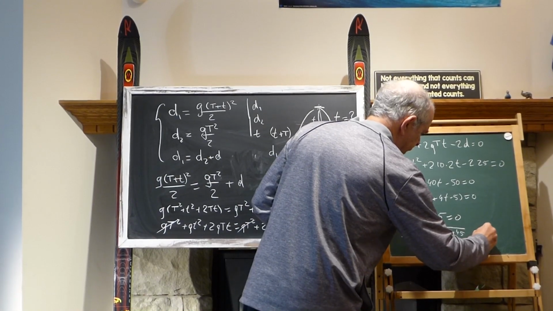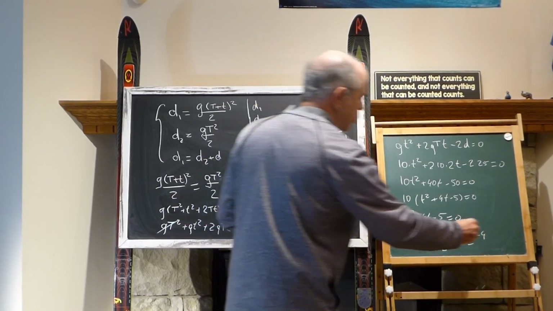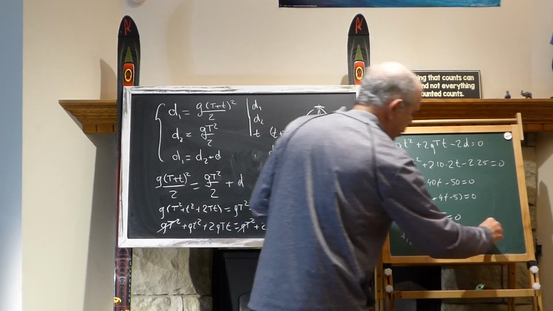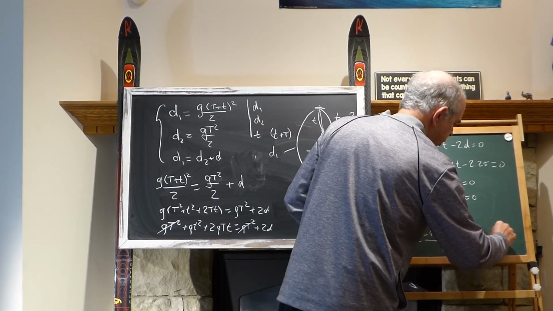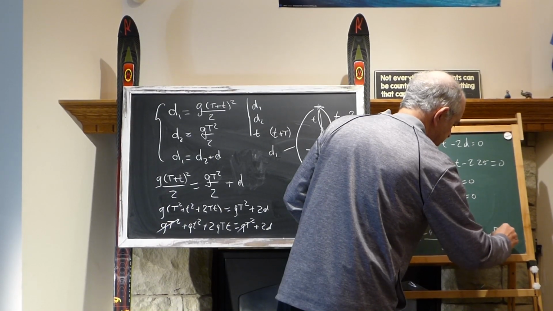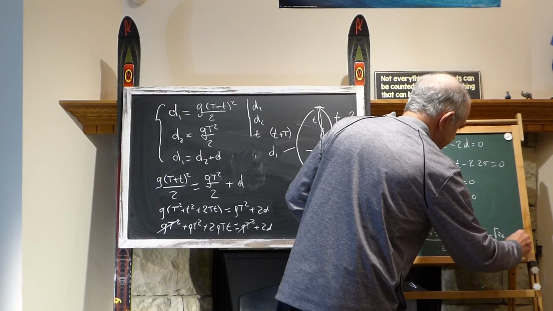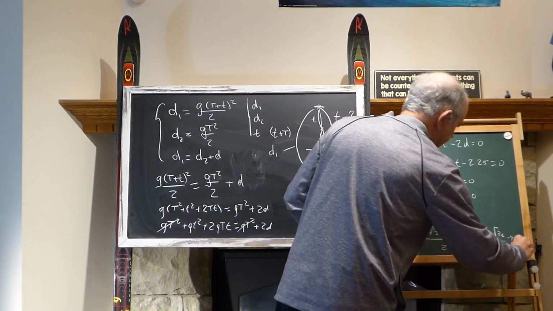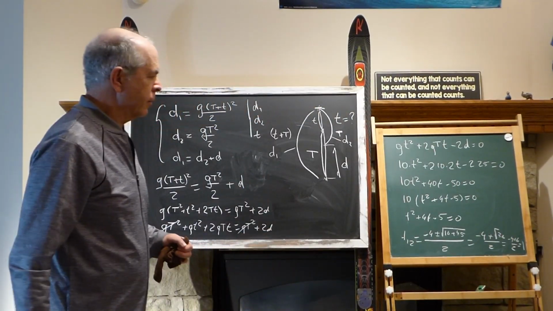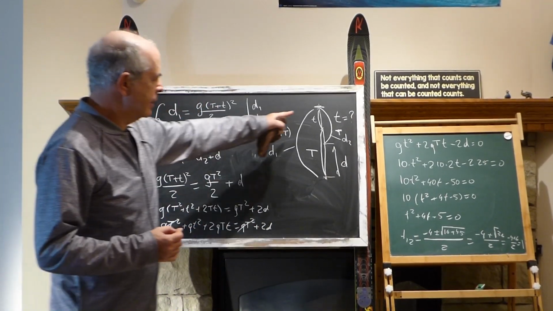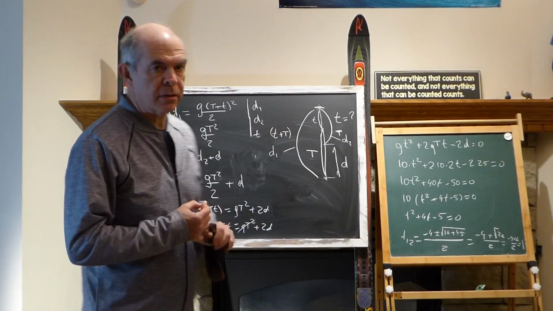Of course I take only the positive solution here. 16 plus 20 is the square root of 36. Minus 4 plus 6 over 2 equals 1. Right? So 1 second is the time between those two drops.